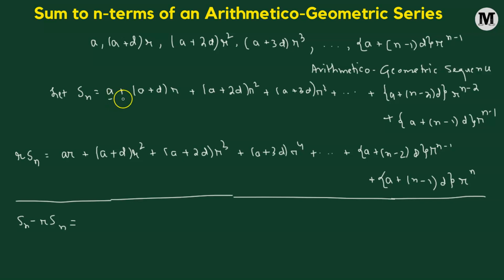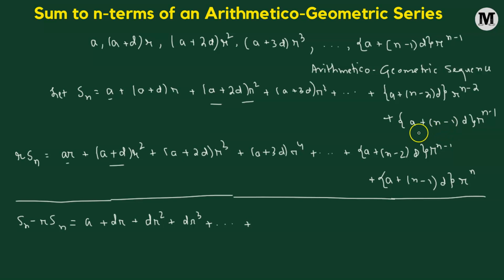Now as we perform the subtraction, we'll first get a, then we have (a plus d) times r minus ar, so that's going to give us dr. Then we have (a plus 2d) r squared, and from here we are subtracting (a plus d) r squared, so that's going to leave us with dr squared. The next will be dr cubed, so this is going to continue all the way up to the n minus 1 term.